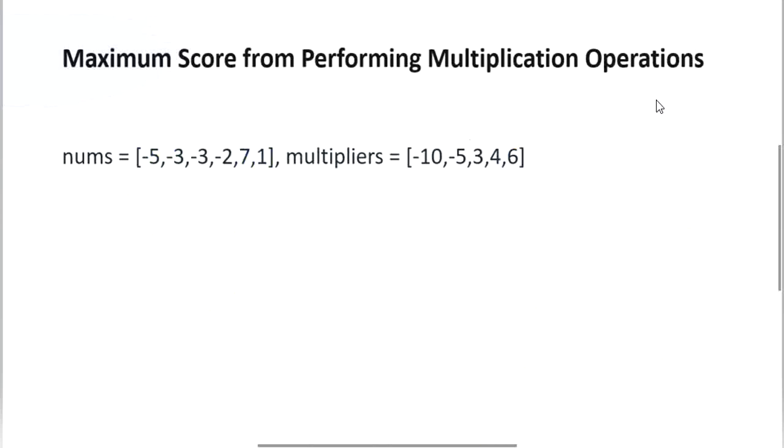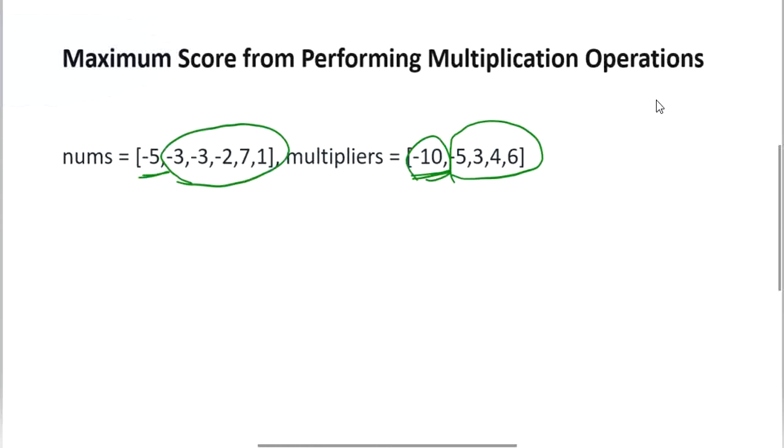So here the recurrence relation we found is, if we are considering the first number from multipliers, or each number from multipliers, and considering the first value, then the rest of the values at nums with the rest of the values at multipliers is going to be added to that value.